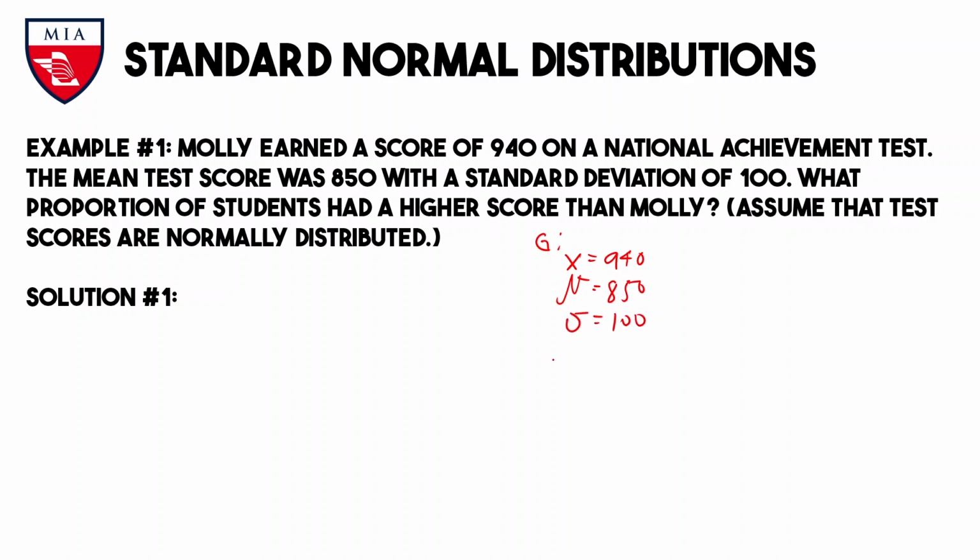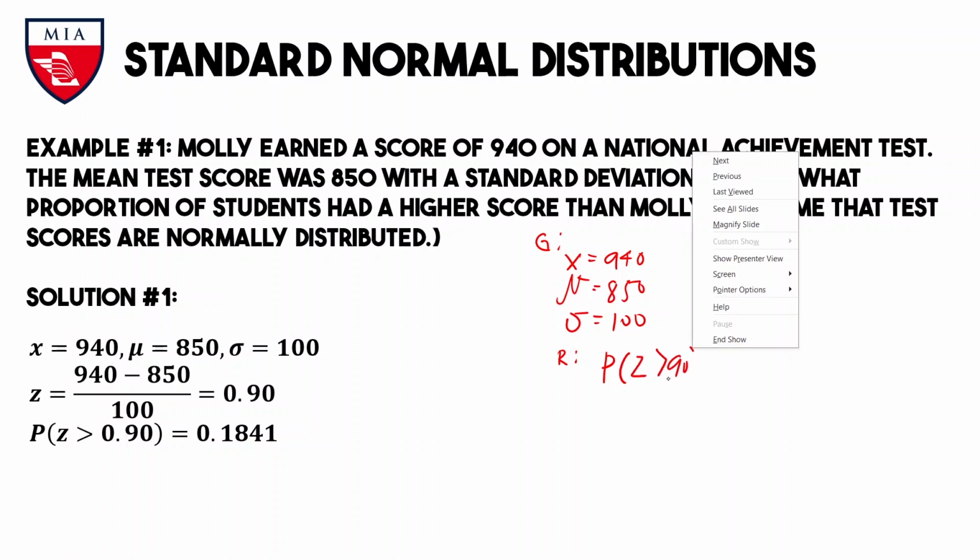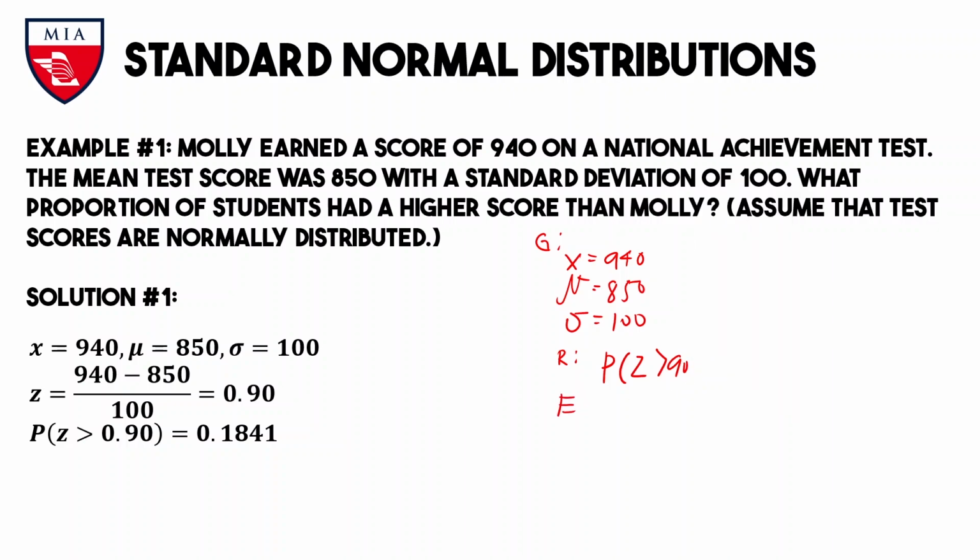For the required, we need to get the probability that z is greater than 0.90. In order to get the 0.90, we have this equation: z is equal to x minus mu, or the mean, all over sigma, or the standard deviation.